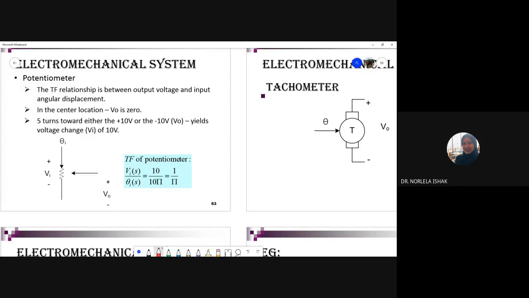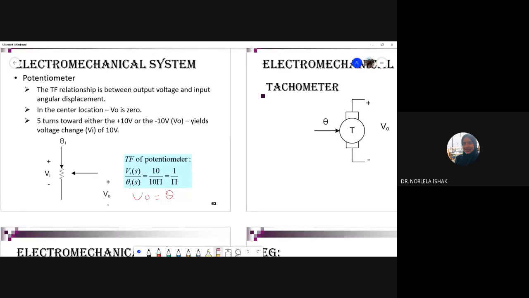Vi is our input. This is wrong. Here we want to define V naught, where V naught is equal to the potentiometer.